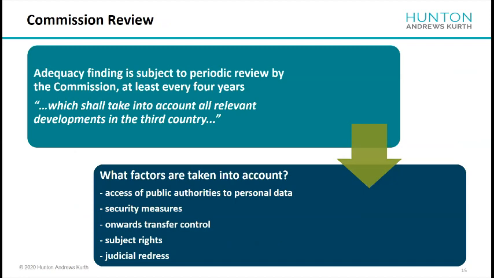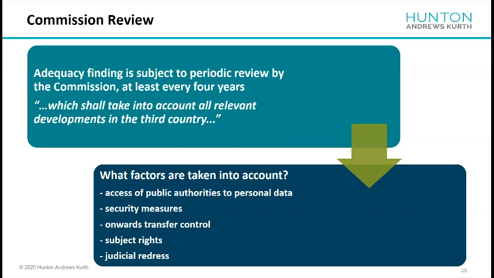Moving on to what would happen on a Commission review, the implementing instrument for an adequacy finding must include a mechanism for periodic review at least every 4 years to take into account relevant developments in the country. And indeed, there is an ongoing review provision.